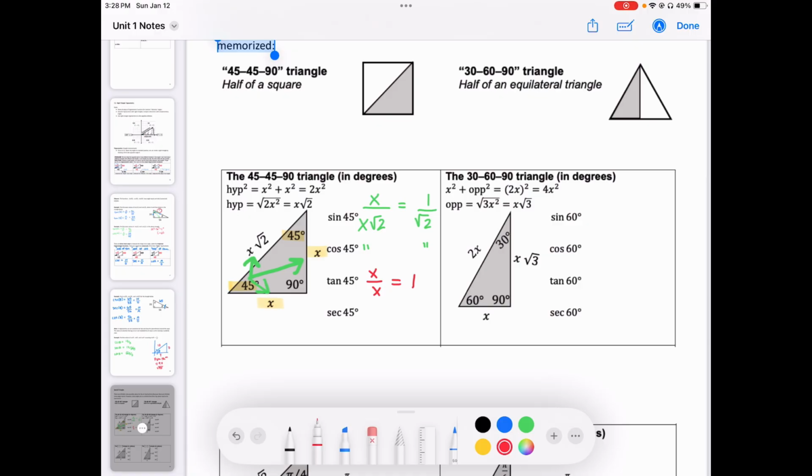And for secant, let me choose another color. For secant, we would have x root 2 over x, which is root 2. These relationships are going to be really important in this class. I'll just go ahead and highlight them.